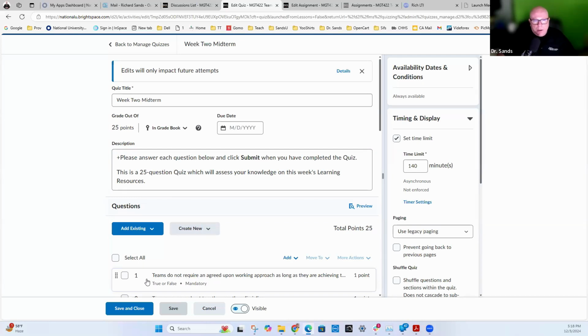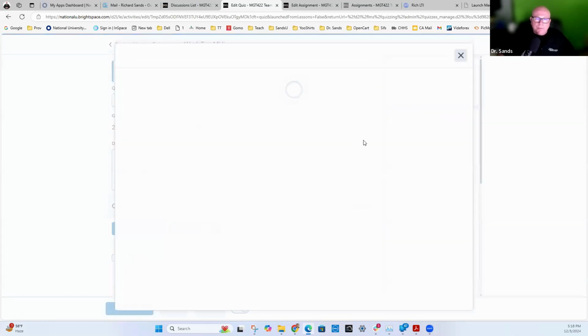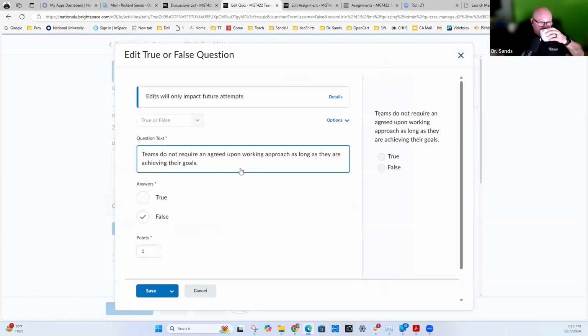However, I'm going to read it so you can get a flavor of what the questions look like. Teams do not require an agreed upon working approach as long as they are achieving their goals.